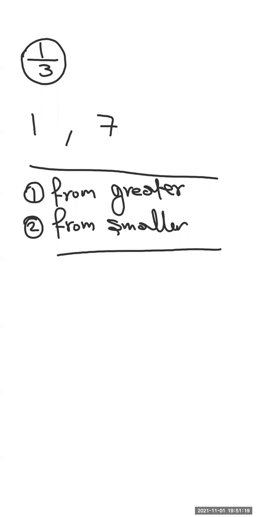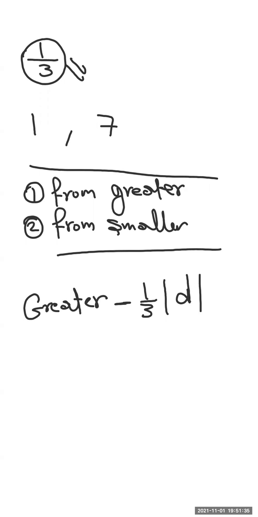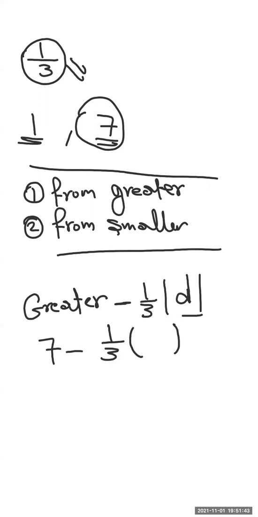Now, from the side of the greater, it will be the greater minus 1/3, because here we want to get the number which lies at 1/3 of the distance, times the absolute value of the distance. The greater number is 1 or 7, actually 7. So 7 minus 1/3 times the absolute value of the distance.